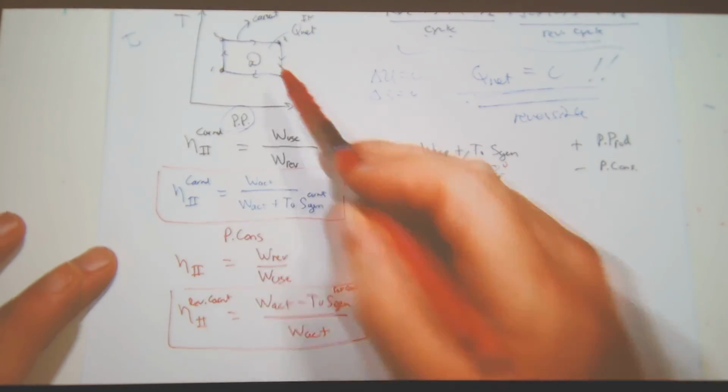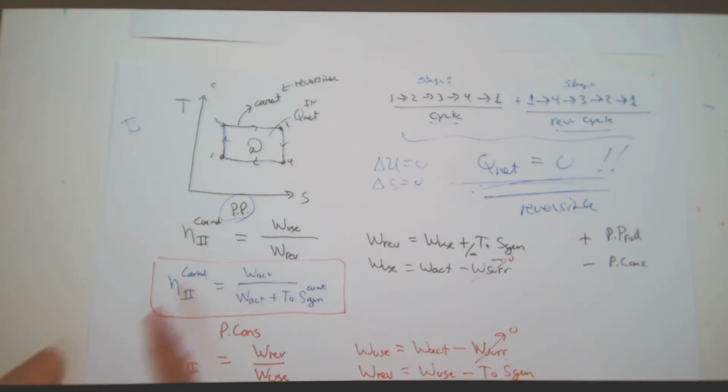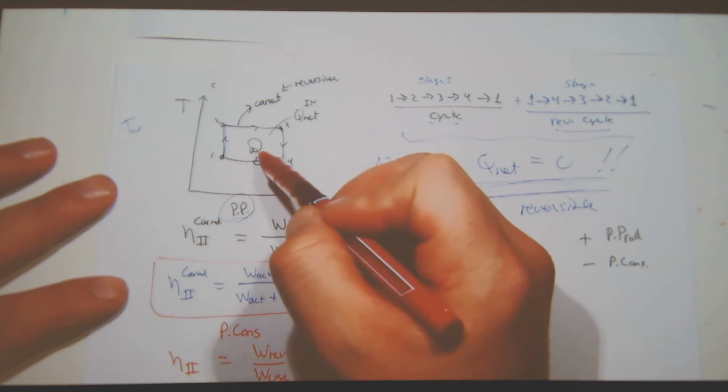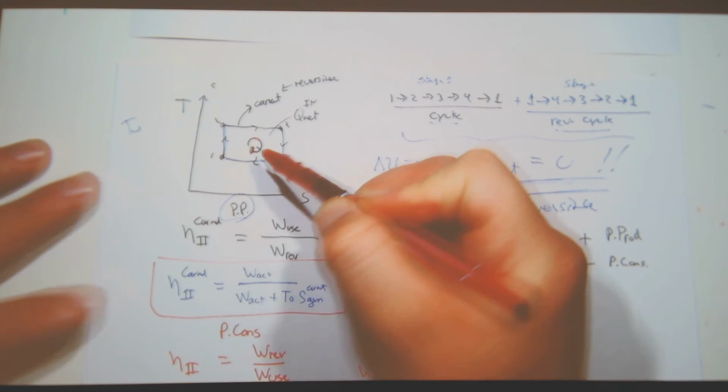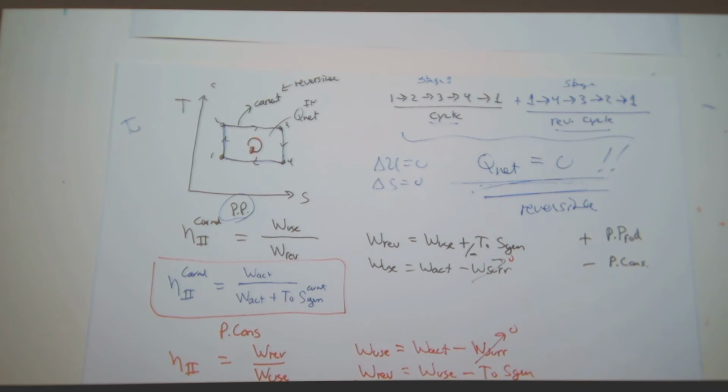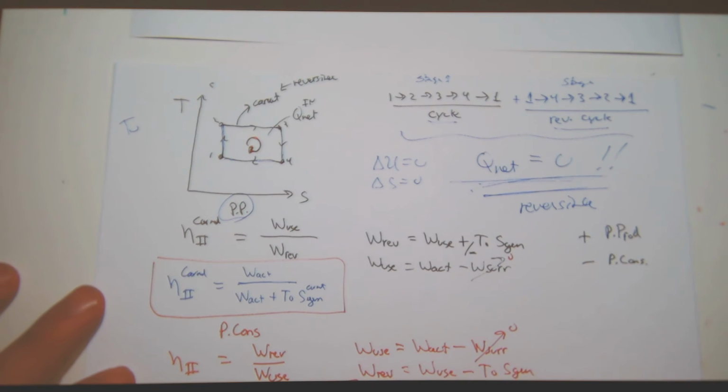If I know the area under this curve, I know the area for the work. So the regular Carnot cycle, in this direction, gives me the work out. If I reverse it, it gives me the work in. I know the magnitude of work out has to equal the magnitude of work in because it's reversible.